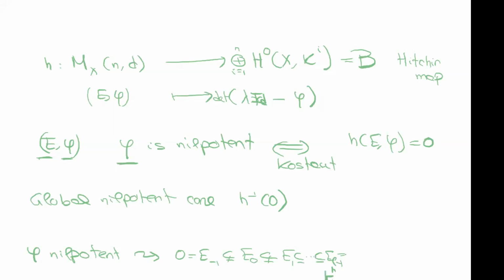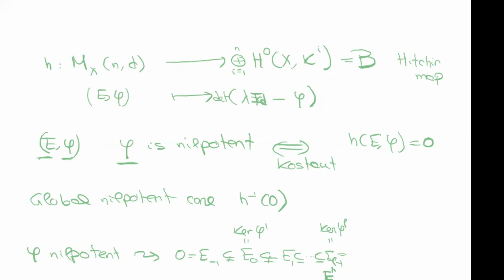E_i will be the kernel of phi^(i+1). So we get a filtration of length L, where L is the order of nilpotency of the Higgs field.